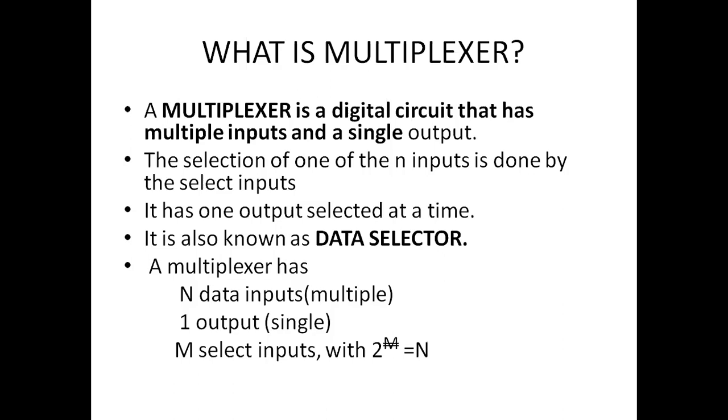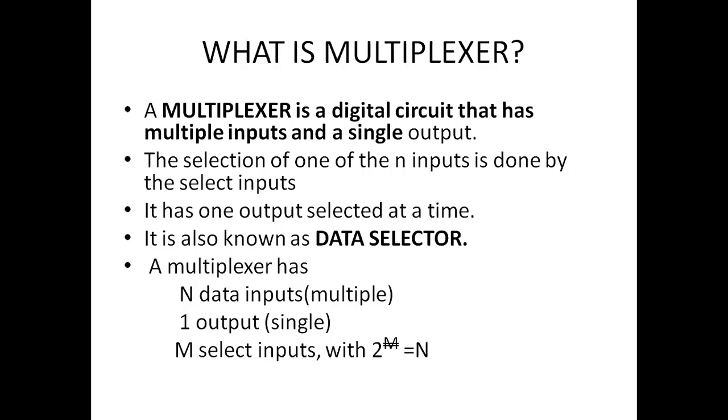Now, we can say in short that a multiplexer has n data inputs, that is multiple inputs, such as 2, 4, 8, 16 and so on. It has a single output, that is only one output, and has m select inputs. The relation is 2 to the power m equals n, where m is the number of select inputs and n is the total number of inputs.